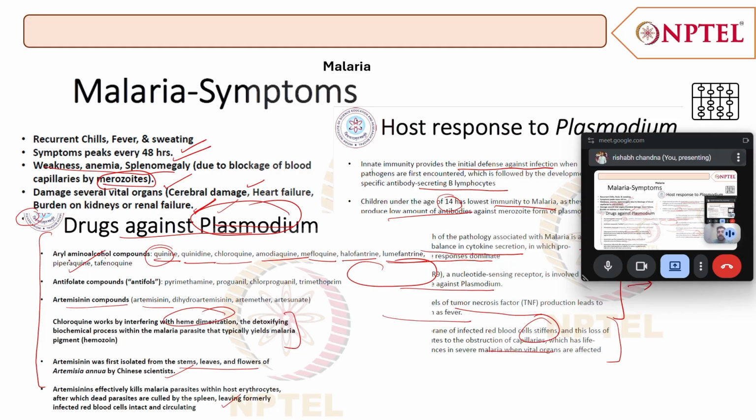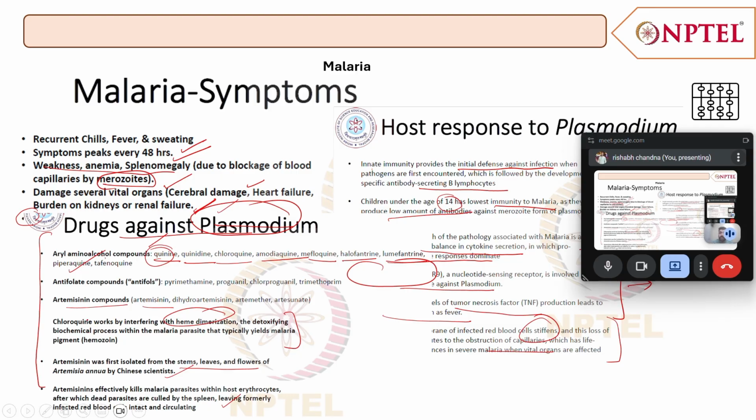First we have the aryl amino alcohol compounds that include the quinine family. Then we have the antifolate compounds like pyrimethamine, proguanil, chlorproguanil, and trimethoprim. Then we have artemisinin compounds that include artemisinin, dihydroartemisinin, and artemether.